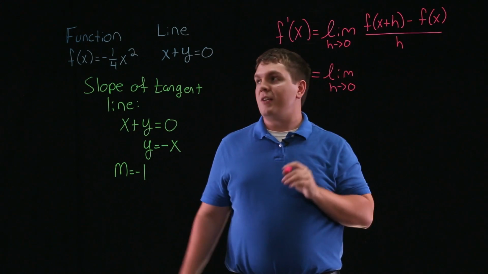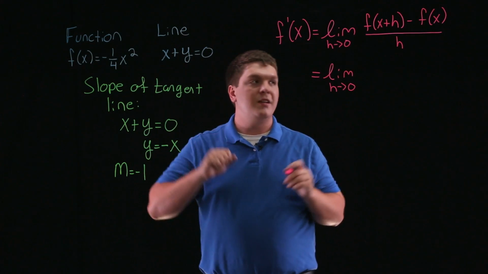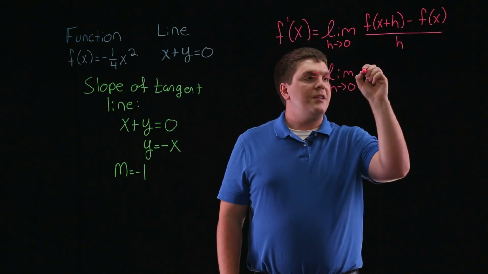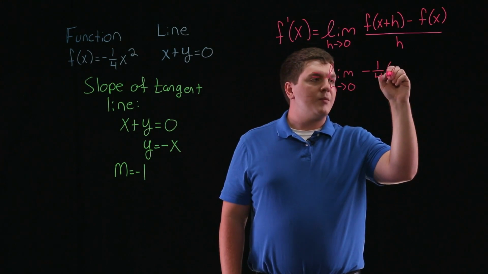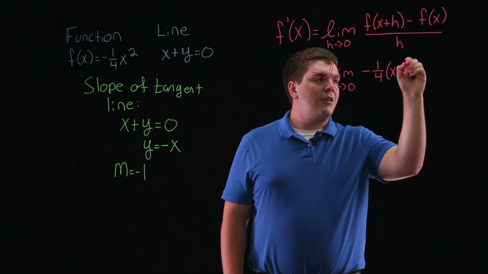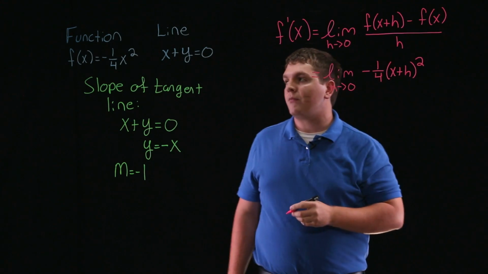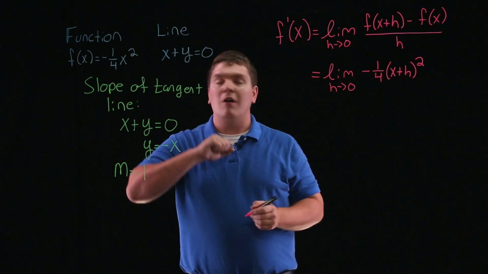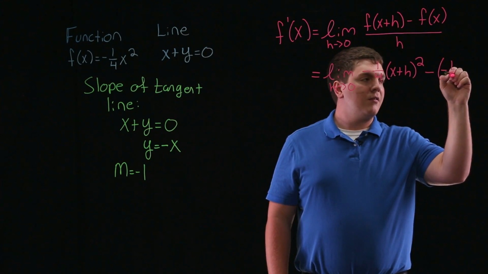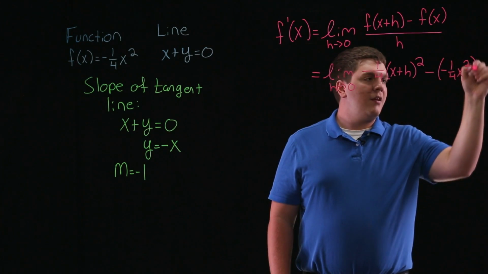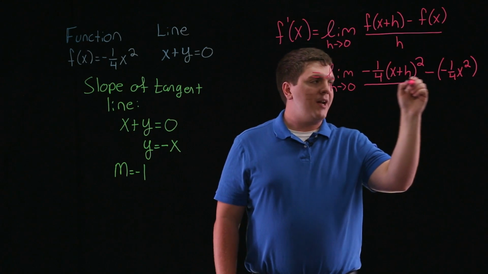Substituting x plus h in for everywhere there's an x, we'll have the limit as h goes to 0 of negative 1/4 times x plus h, this quantity squared. And we'll be subtracting our original function, so minus negative 1/4 x squared. And this is all being divided by h.